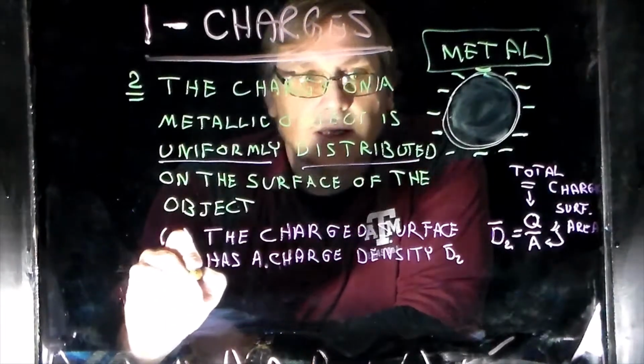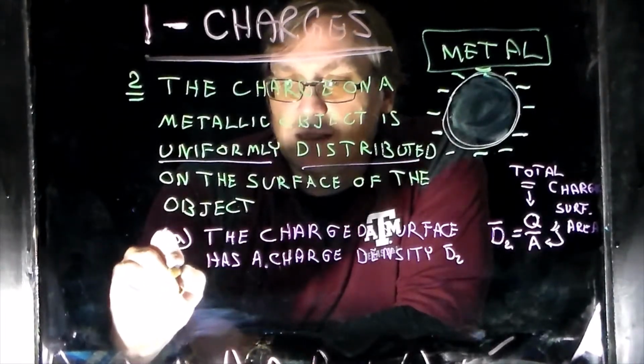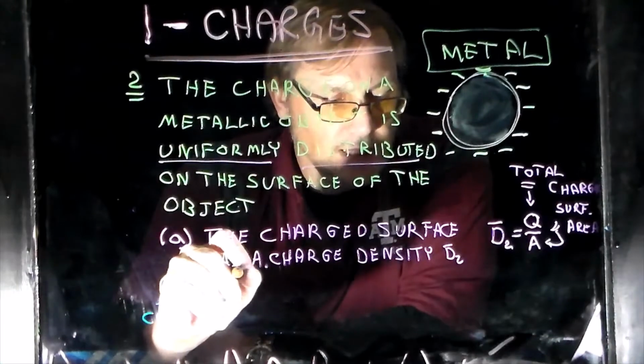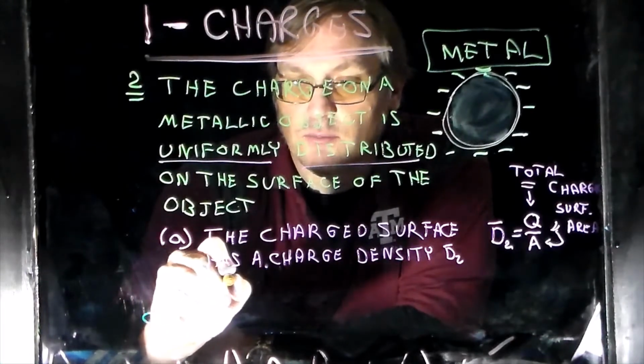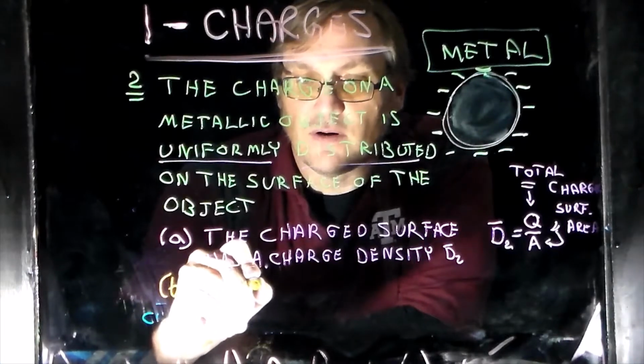Another interesting one that we might use is B. And in B, you could say a charged wire or a charged tube. You want something very, very thin.